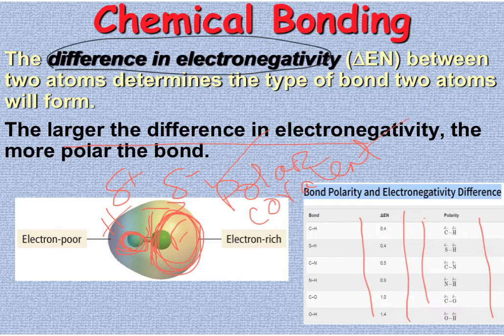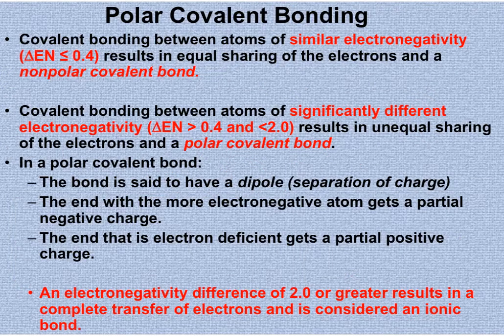Alrighty, so the dividing lines between nonpolar, polar, and ionic that we're going to work with are as follows, but you may see them slightly different from different sources. So if the difference in electronegativity is less than or equal to 0.4 units, we're going to call that a nonpolar covalent bond.